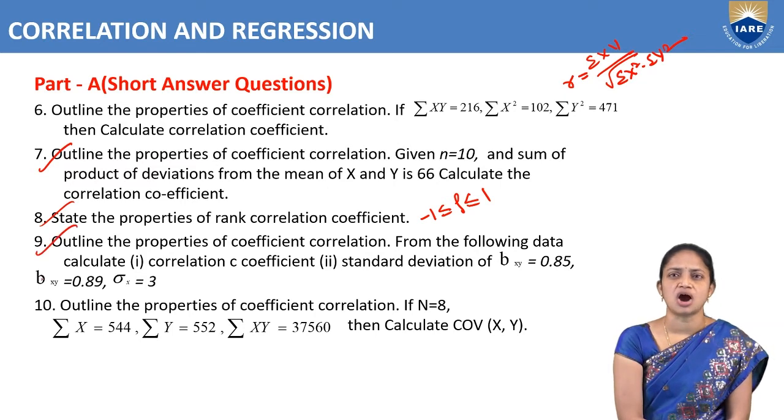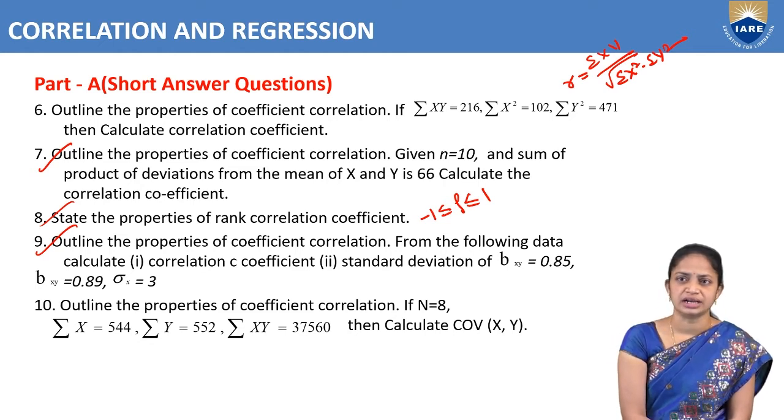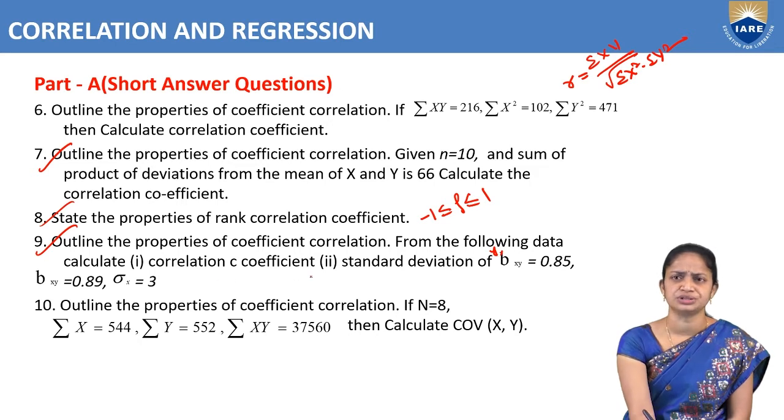Next one is outline the properties of correlation coefficient from the following data. Calculate the correlation coefficient, given bxy equal to 0.85, byx equal to 0.89 and sigma x equal to 3. Here we need to calculate the standard deviation of y and also the correlation coefficient.